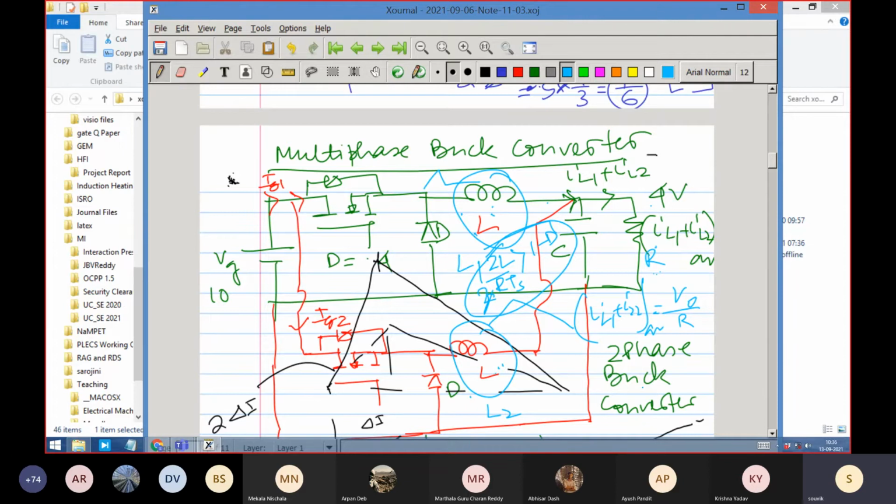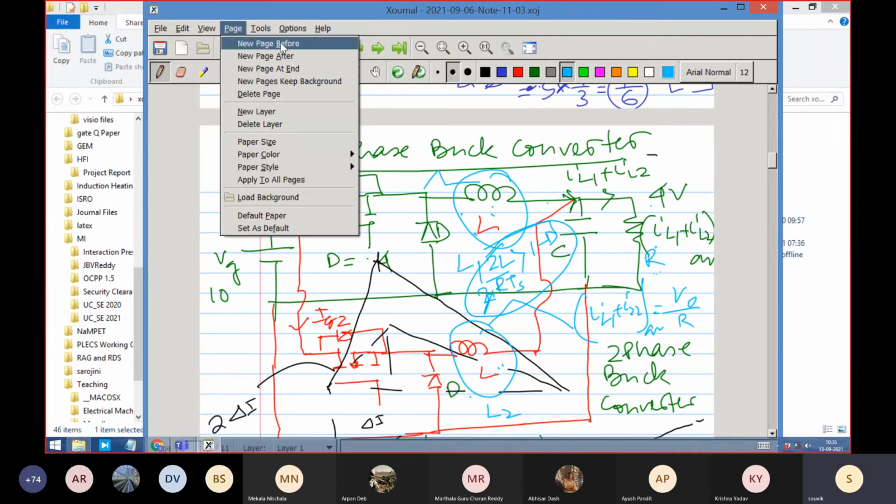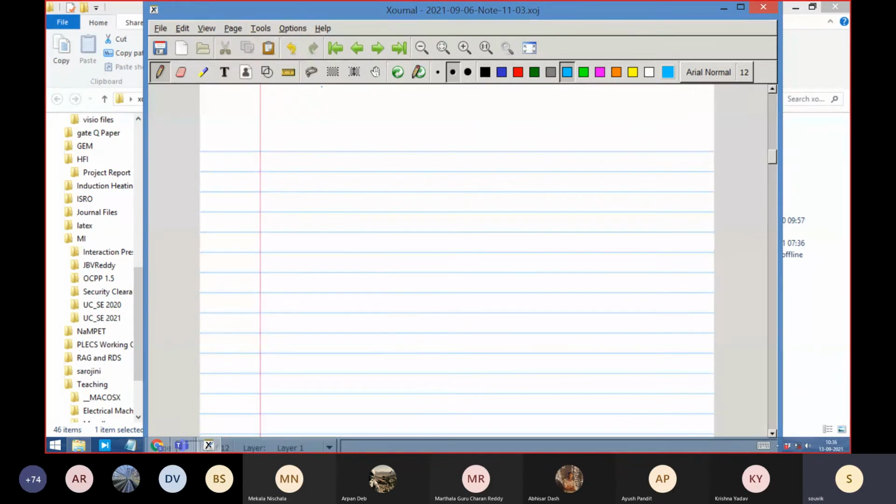Let us investigate a little bit. Suppose one of them is in CCM, one inductor here and another inductor here. Let us say I have given a duty ratio of D equal to 0.4, and the inductor value is such that it is in CCM. I had taken an example with 10 volt as the input, a switch and a diode, and this is the capacitor, because this is the common capacitor.